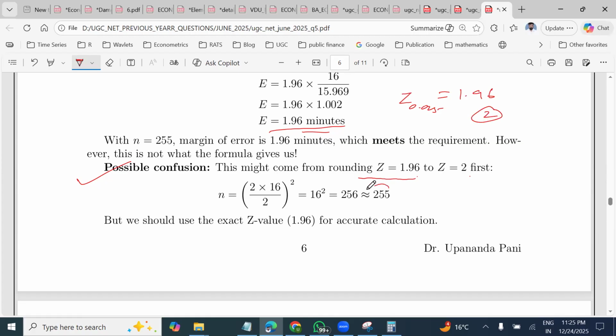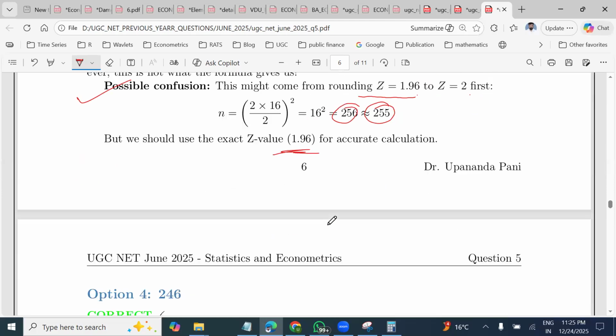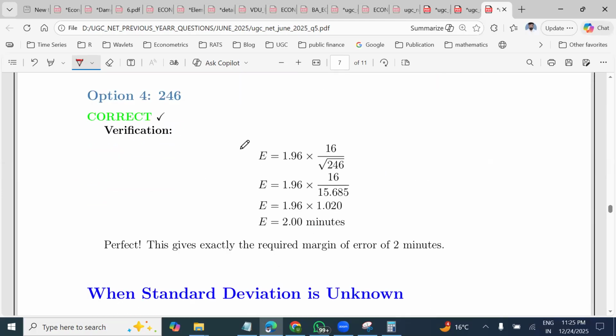Then in that case you are going to have 255, means 256 basically. So that is very problematic. So that is why you have to use exact Z values for accurate calculation.